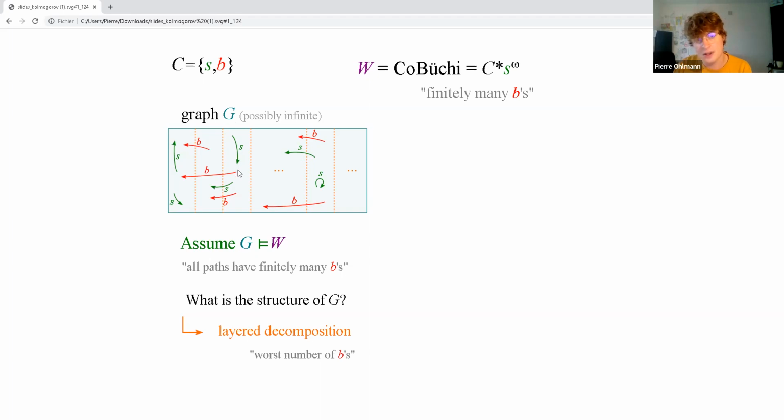So again, any graph, even possibly infinite, that satisfies a Colbus objective like this has a layered decomposition where the layers are indexed by ordinals, and where all the bad edges have to decrease in the layers, and the safe edges can either decrease strictly or stay in the same layer.